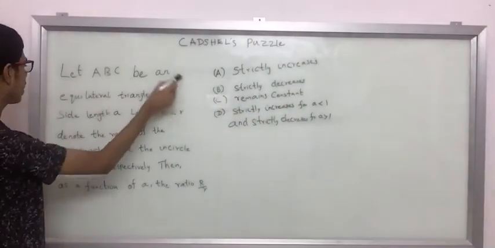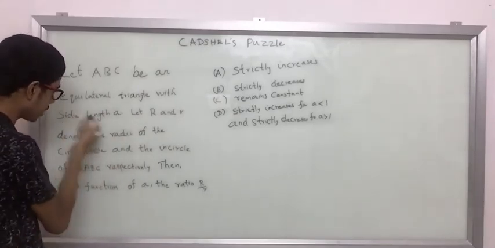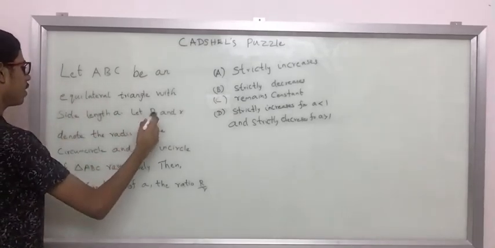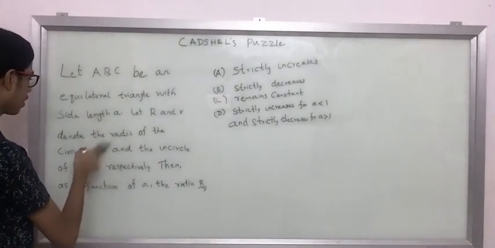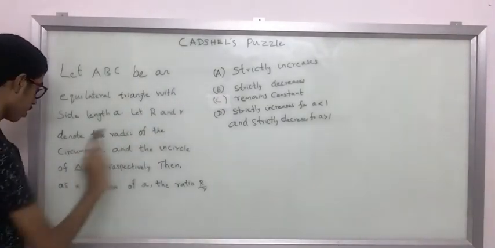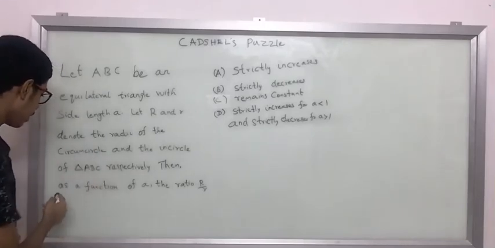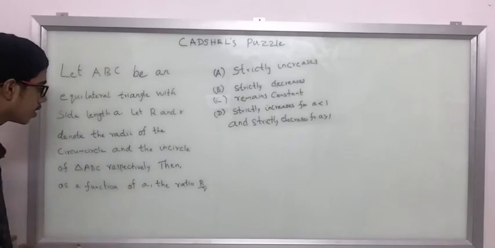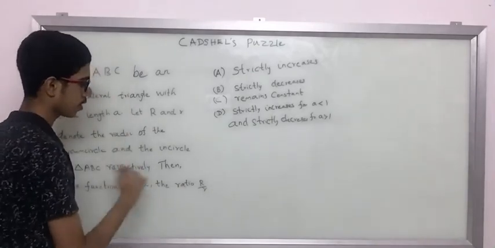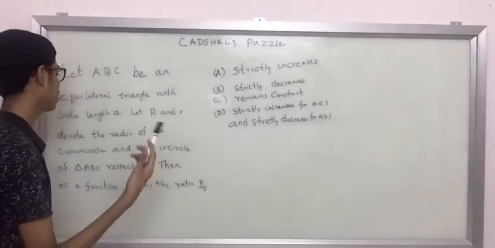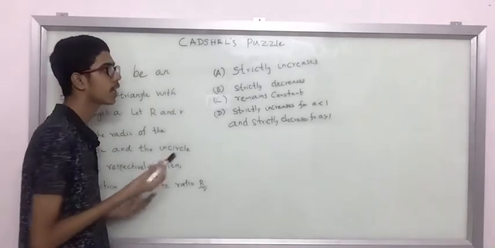Let ABC be an equilateral triangle with side length a. Let capital R and small r denote the radii of the circumcircle and the incircle of triangle ABC respectively. Then, as a function of a, the ratio capital R divided by small r, the radius of the circumcircle by the incircle, is what they are asking.